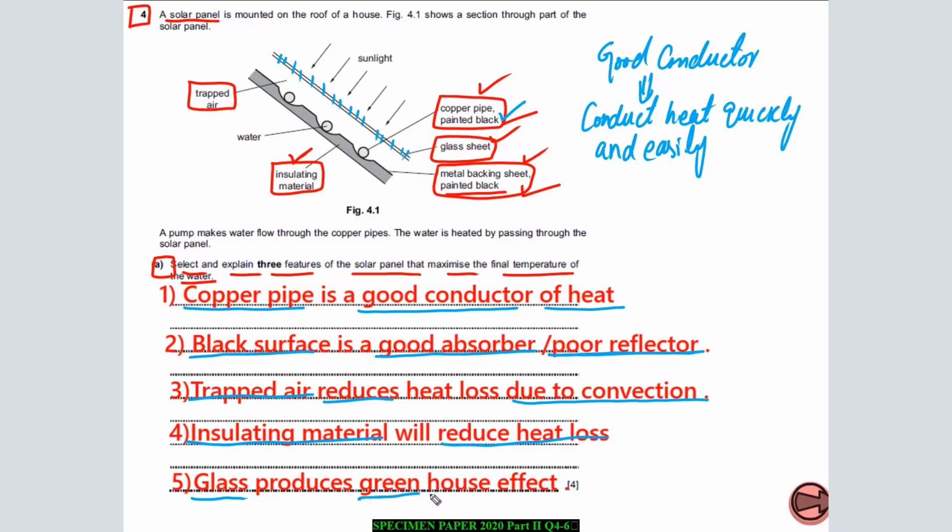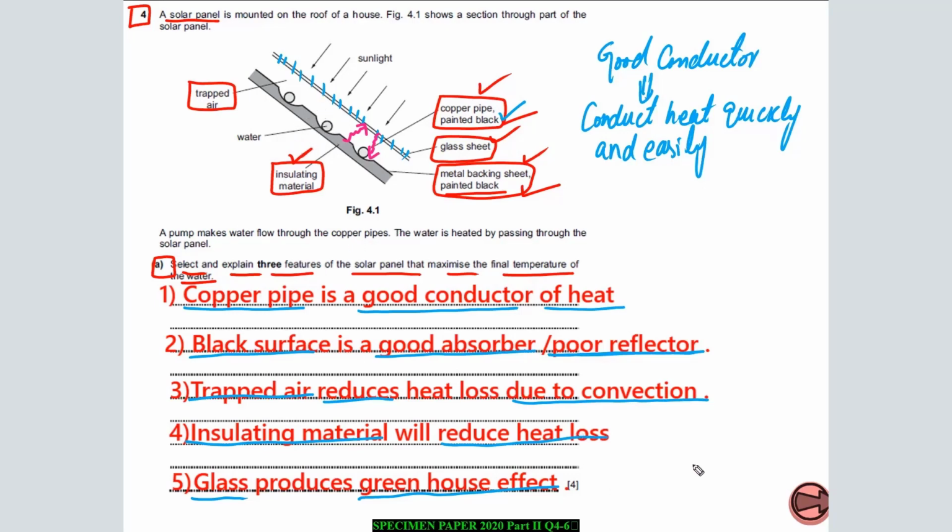Because glass produces greenhouse effect, means it stops radiation from escaping. For example, if the radiation goes after glass, it will be reflected back. So due to greenhouse effect, the temperature of water inside copper pipe will increase more.